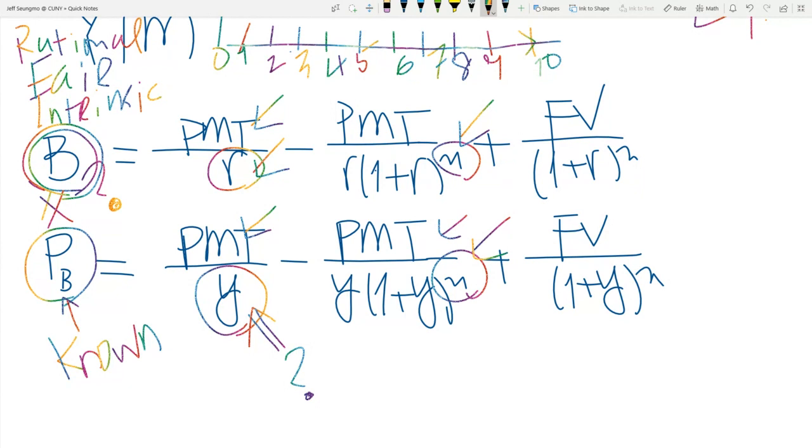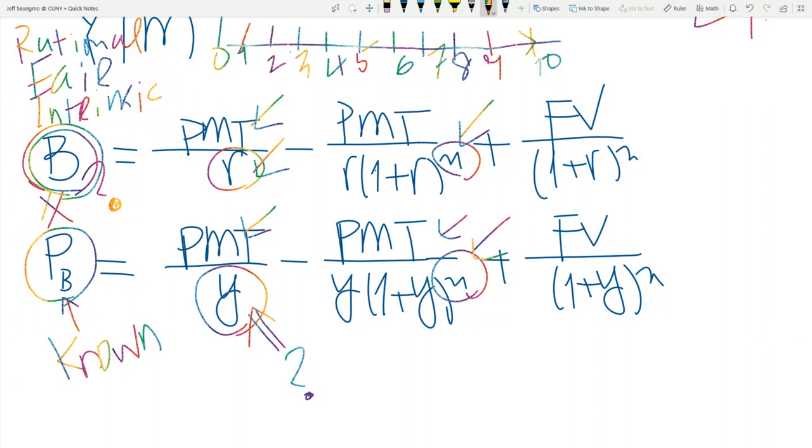You have already looked up the market price, and it's in the left-hand side, so this is given. Then the only way the left-hand side can be equal to the right-hand side is determined by one variable, which is this y, the discount rate. In other words, there can be only one value, the discount rate, right?